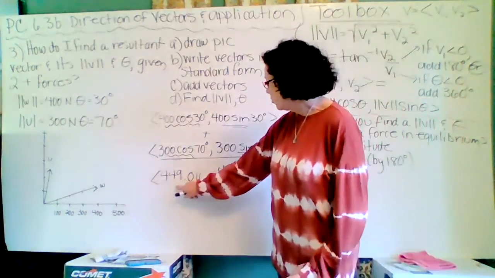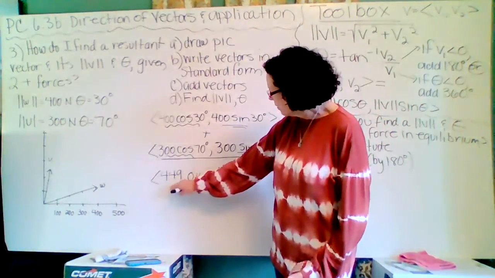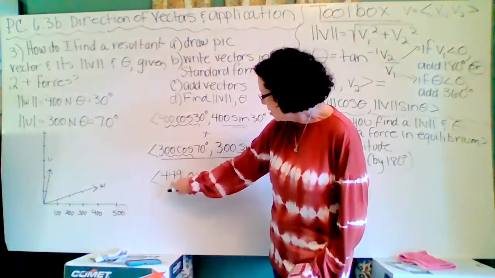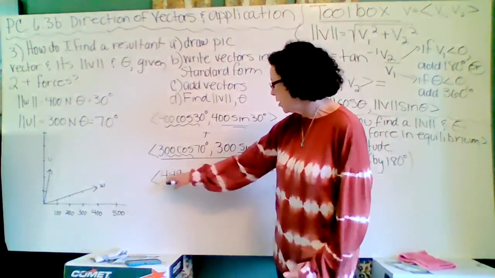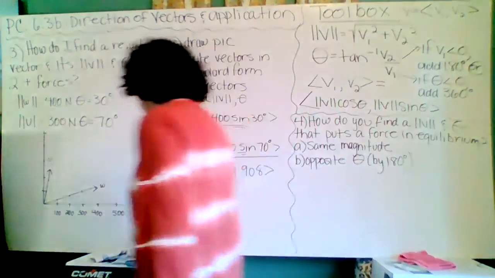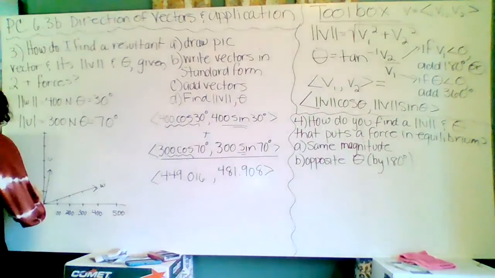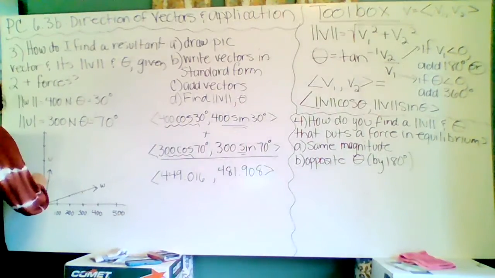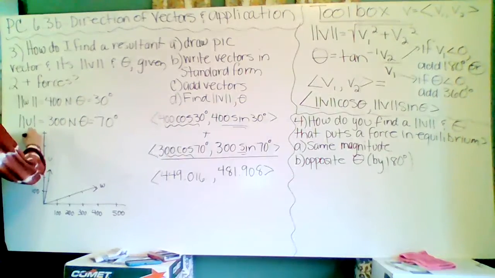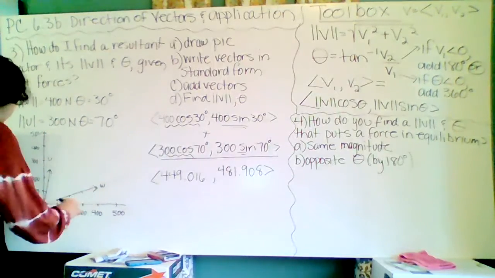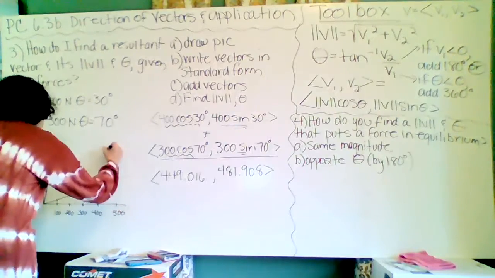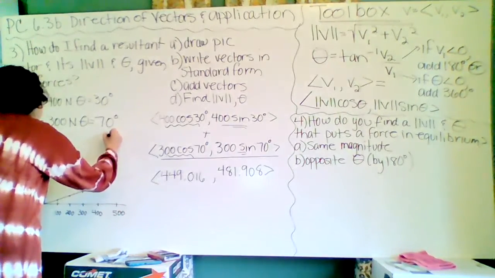Now, first of all, let's go ahead and draw this, right? This is about then 4.5 units, right? So I'm going to draw this vector with a terminal point of about 450 and 481, right? So 450 right here and 481, about right here.